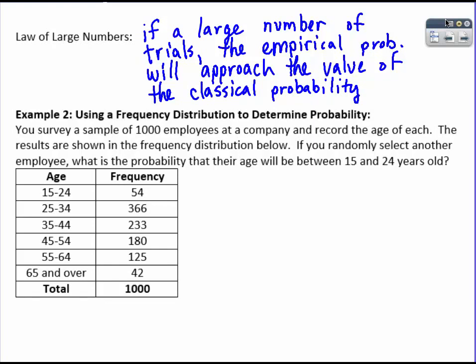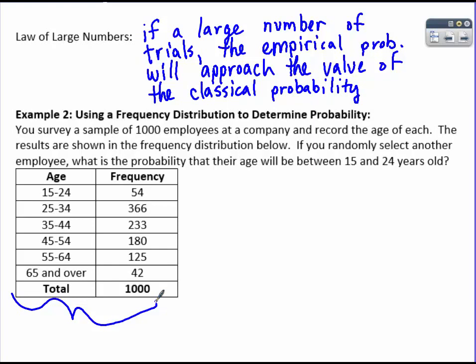All right, so that's a lot of the basic terms that we have for different types of probabilities. And what I can do with this law of large numbers is go into this next example, where I'm able to take a frequency distribution, which shows my empirical probabilities, and find classical probabilities based off of that.